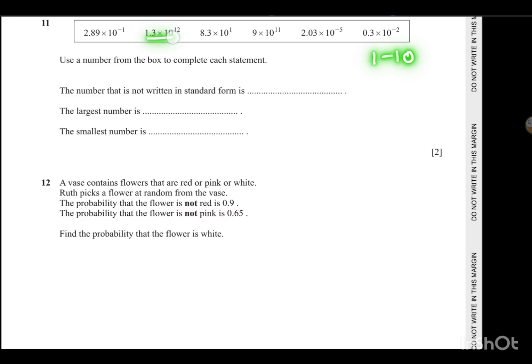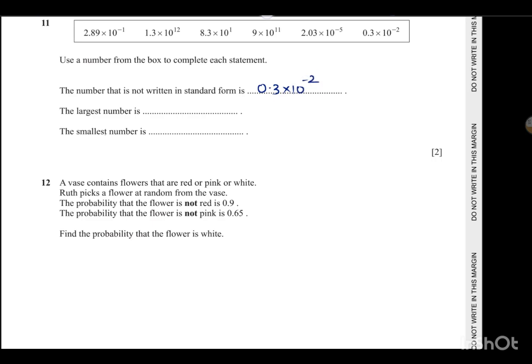And 1.3 × 10^12 is also in standard form. This also is standard form, this also. But when you see this last one, it is 0.3. So 0.3 means this digit is less than 1, so that cannot be in standard form. So write down that as the number not in standard form.